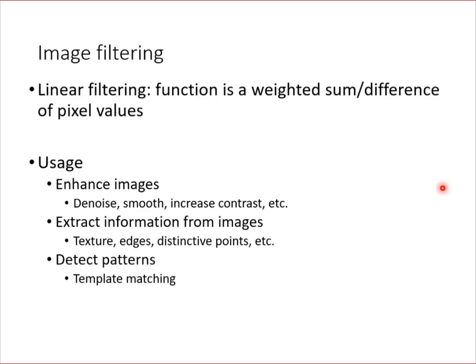And there are many different kinds of image filters. The simplest one is the linear filter. This means we just use the surrounding areas, combine those values, to replace the intensity of the pixel at the center.